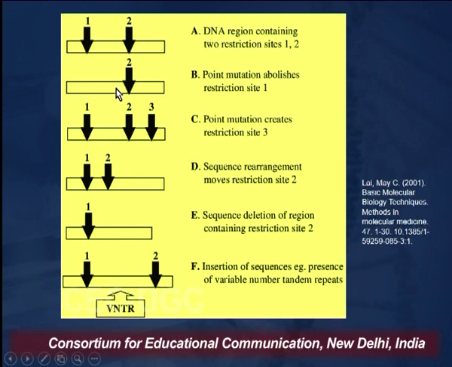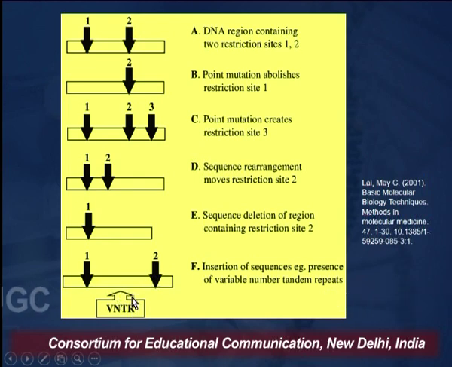So, this is the abolishing of a particular site, this is the creating of another site, and this is the displacement of the location: it was present here, but now the site has been generated here. Then again the other one can be removed, or there is a displacement far away from this, and this is mentioned here due to the presence of VNTRs.